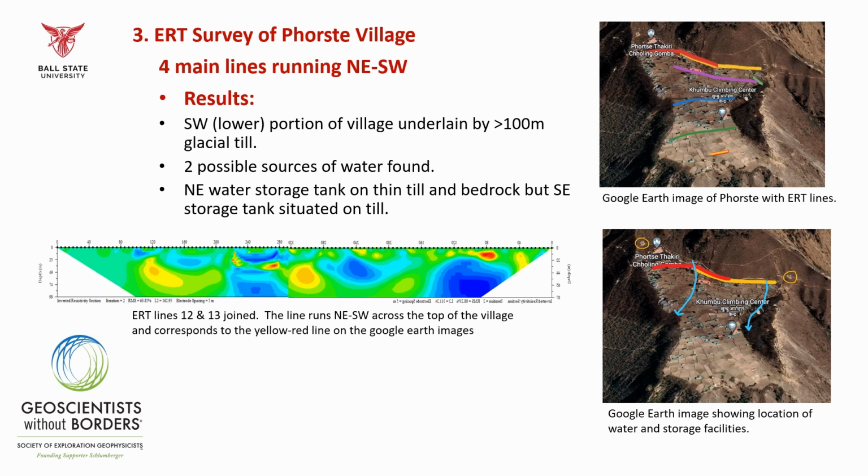The most important result of our work, shown here in the ERT survey line in this picture, is that there are 2 potential groundwater sources somewhere between 70 and 90 meters depth, and this is during the pre-monsoon dry season.